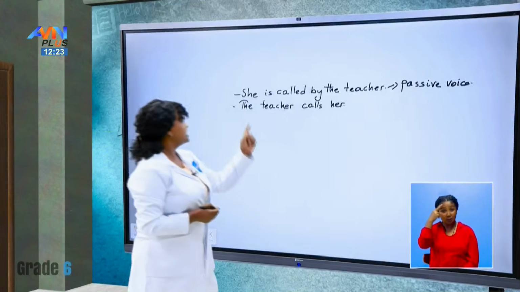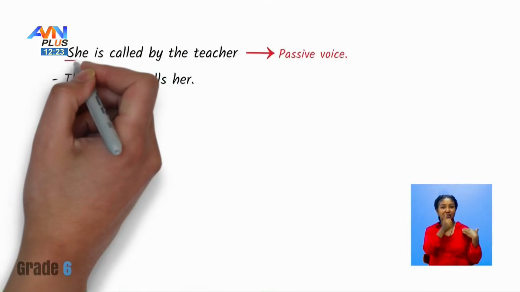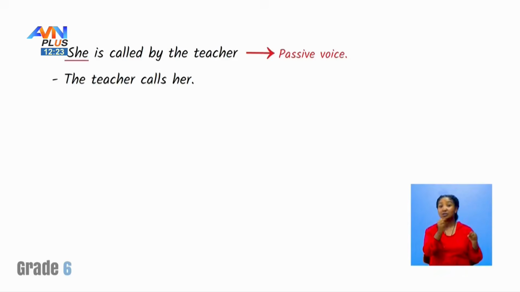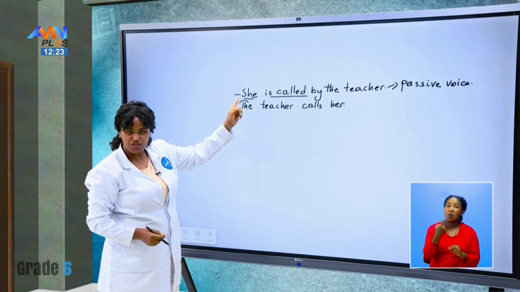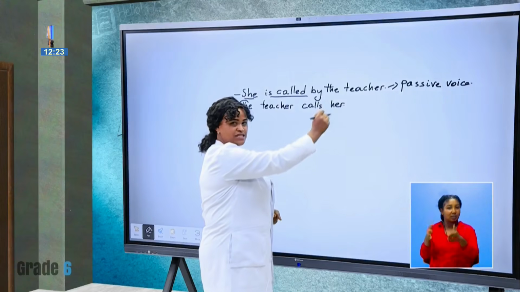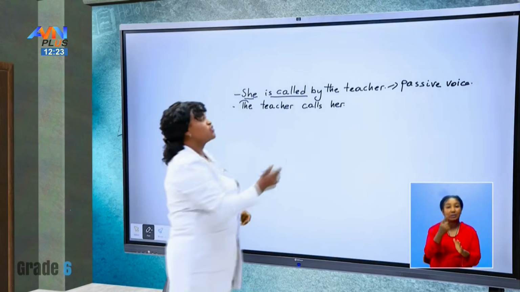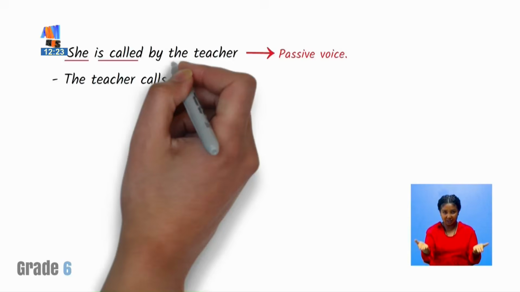Because in this sentence, the subject, she, is not the doer of the action. It's not the girl, the student, that called the teacher. Yes? In this sentence, the doer of the action is the object, which is the teacher, right?